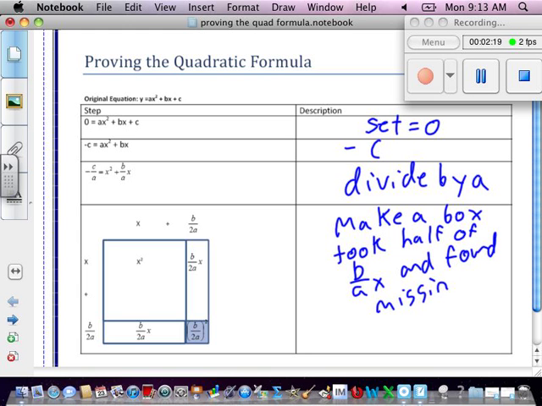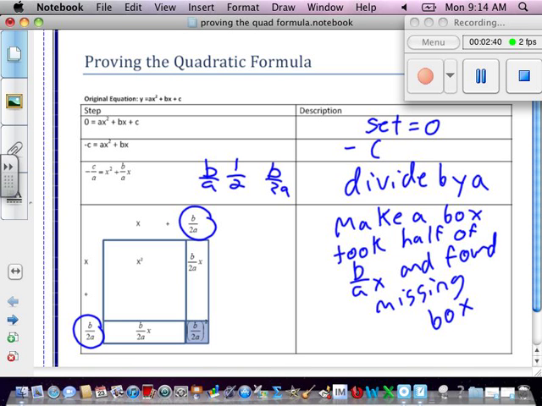Okay, so we took b over a, we took half of it. That's the same thing as b over a times 1 over 2, we get b over 2a. So that's what these are right there.